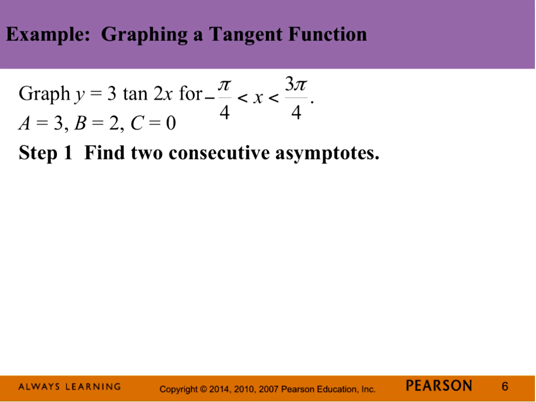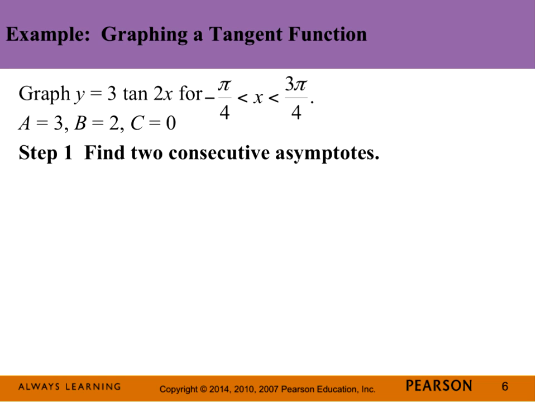Okay, so we are asked to graph 3 times the tangent of 2x for a domain of -π/4 to 3π/4. The first step is to find your 2 consecutive asymptotes.